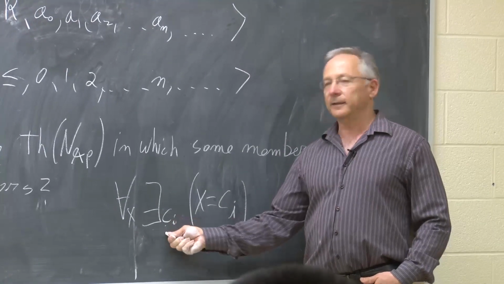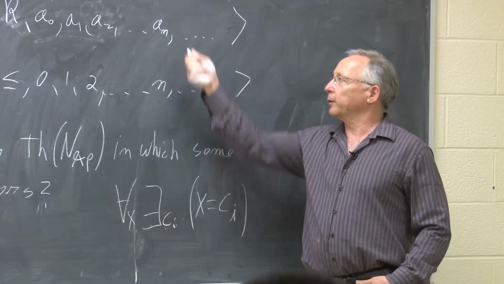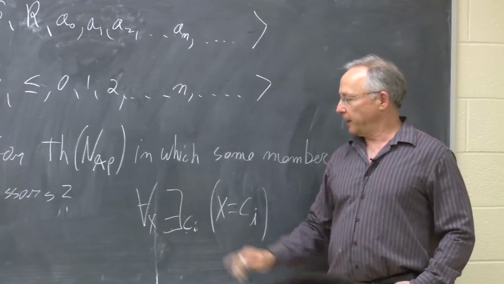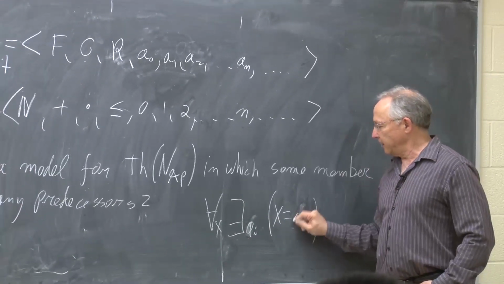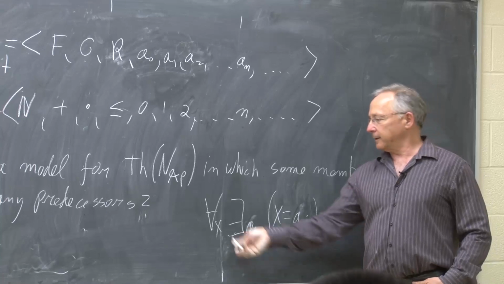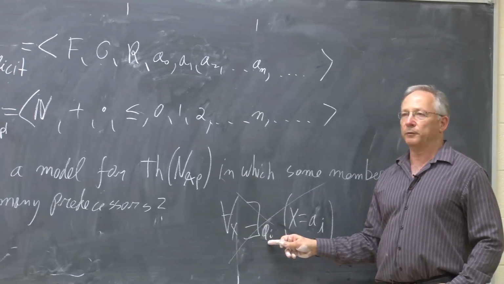But I cannot have a quantification over a constant. I called it ai. For every x, there exists an ai such that x equals ai. This is not a well-formed formula because I quantify not over a variable.